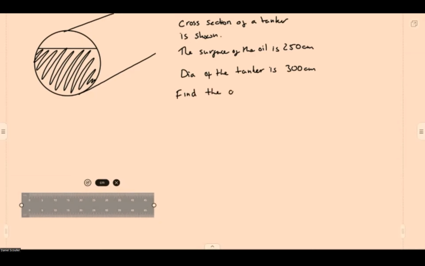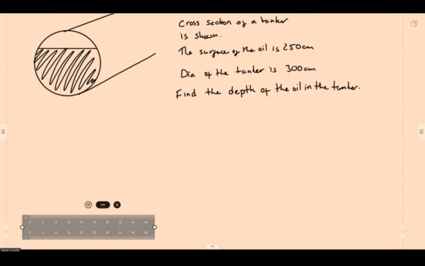Find the depth of the oil in the tanker. What you need to be able to do is take that information and start piecing together everything that we need to do to solve this.